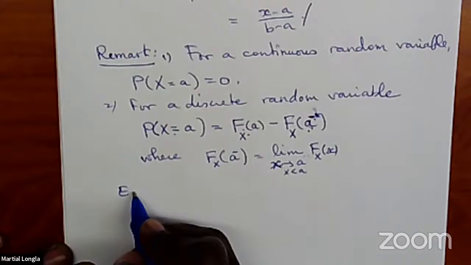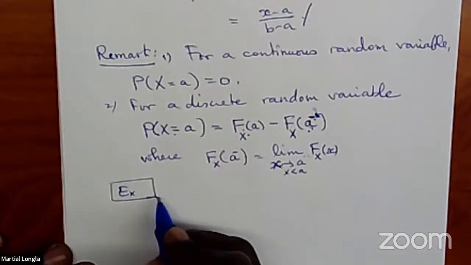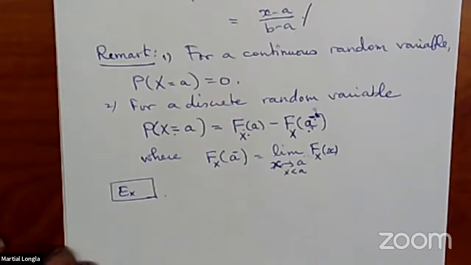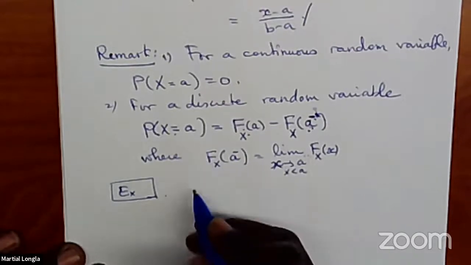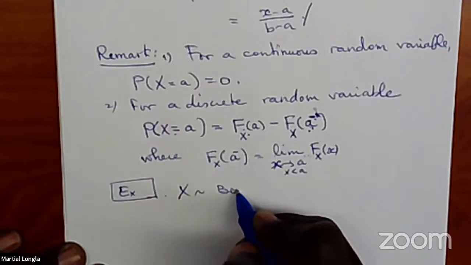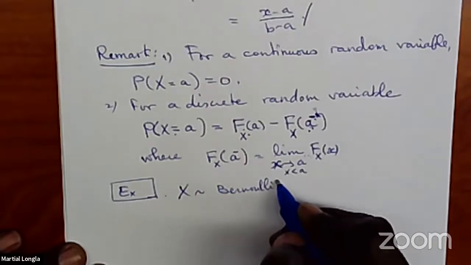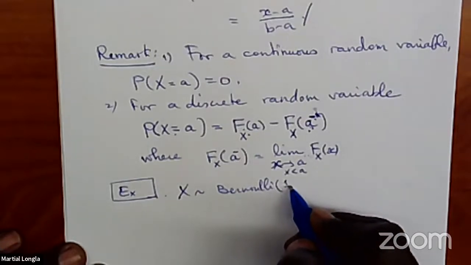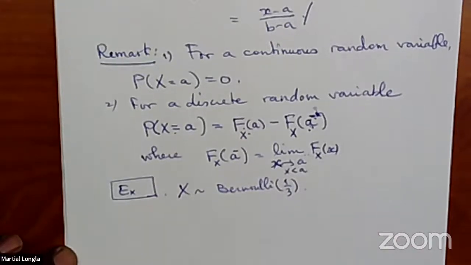Now we can take an example to illustrate this. Let's say X follows a Bernoulli distribution with parameter 1/3. What does this mean?